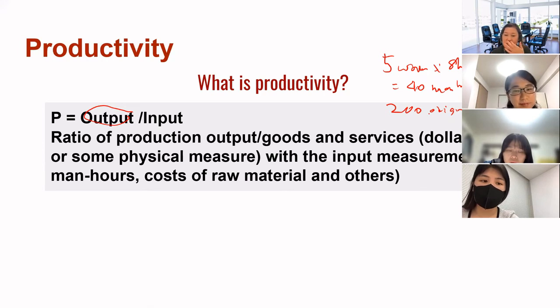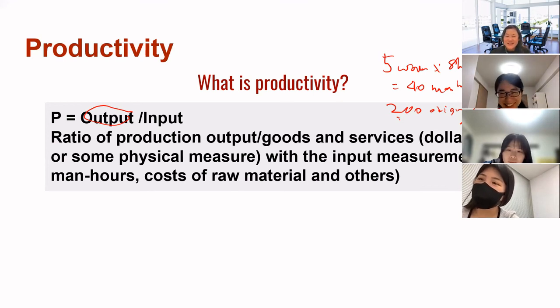If you just put into the formula, 200 onigiri divided by 40 hours, you have 5 onigiri.